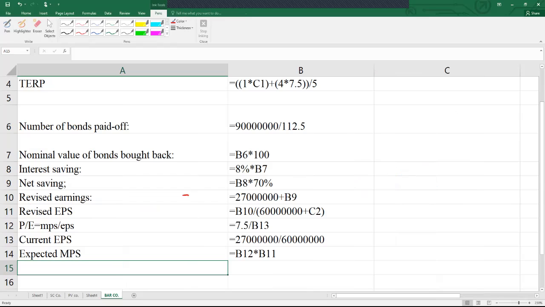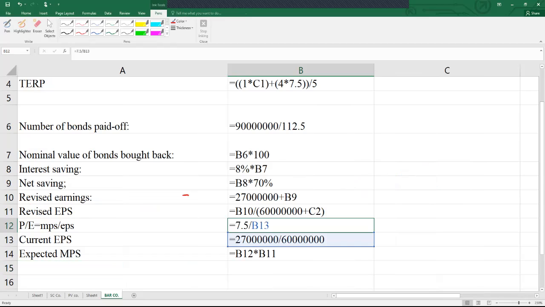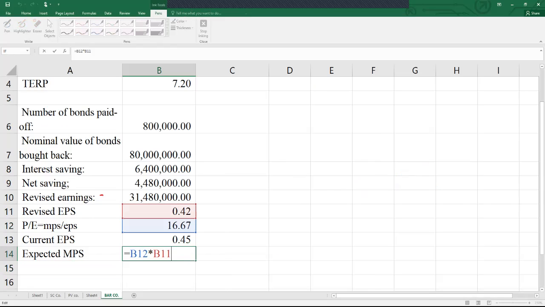Okay, it will be equal to the PE ratio, which is 16.67, times the earnings per share, which is 42 cents. Clear, Nafisa? Yes, sir. Okay, great. So the share price will be equal to $7.